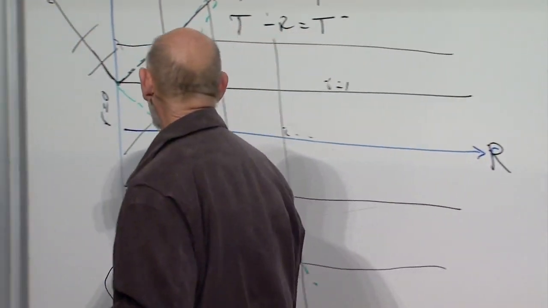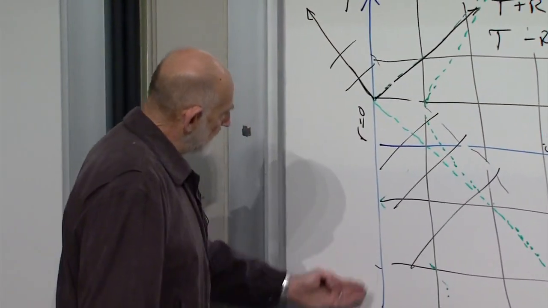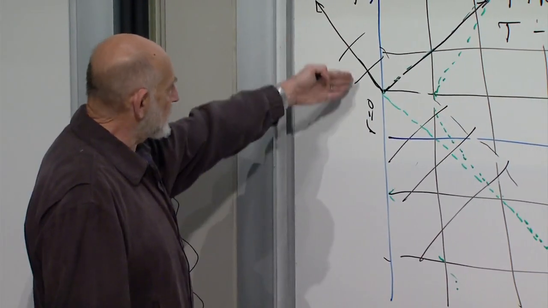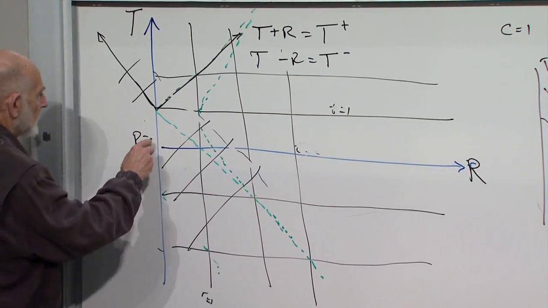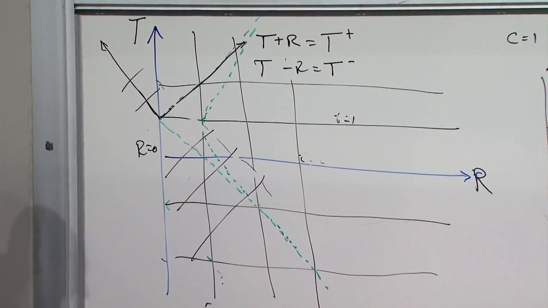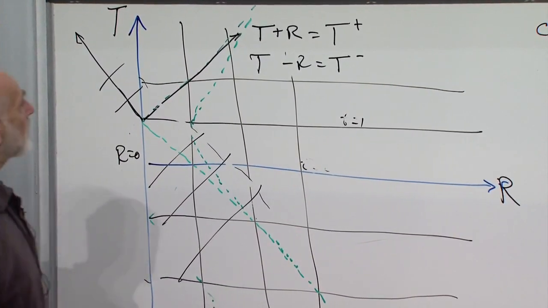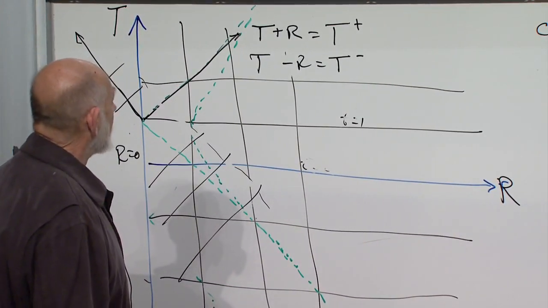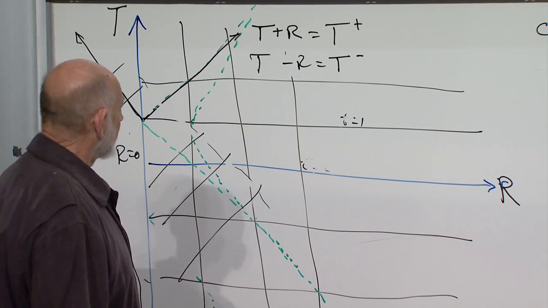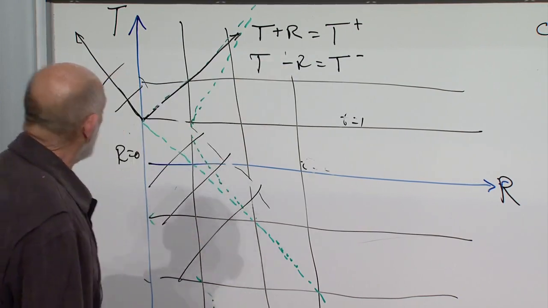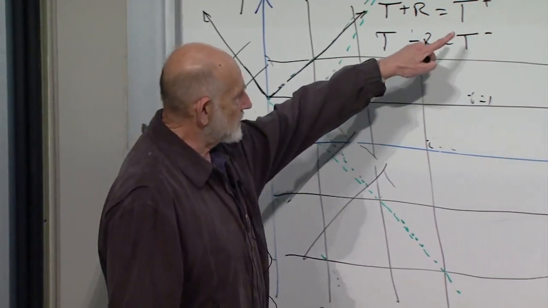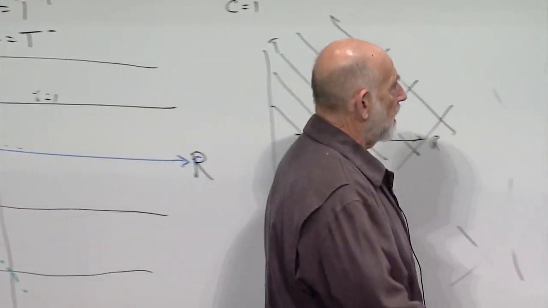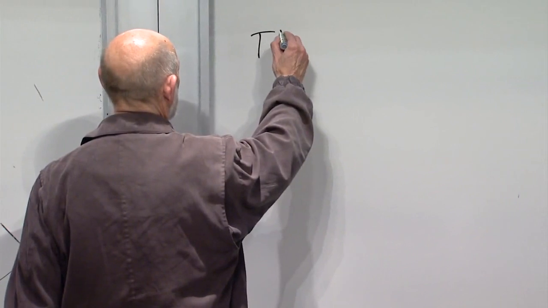Now, what about this line here? This line was just plain r equals 0. What is that in the new coordinates? That's t plus equals t minus.